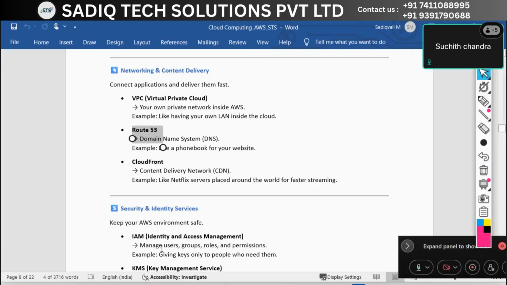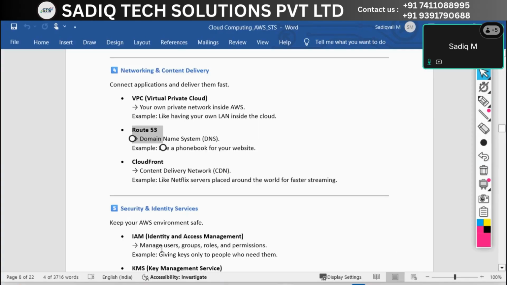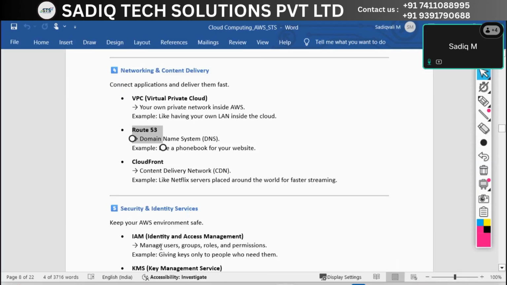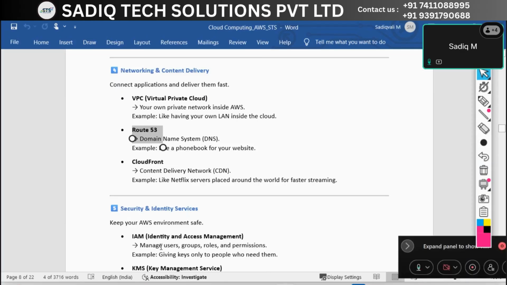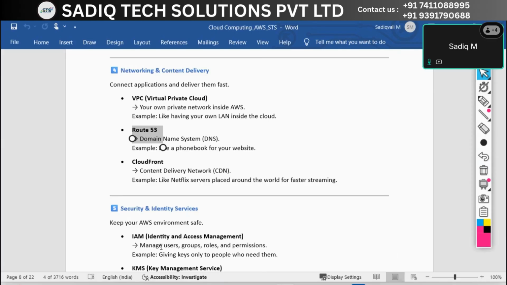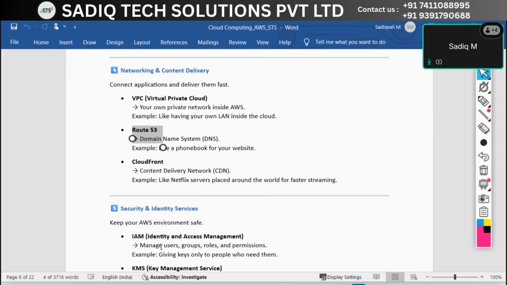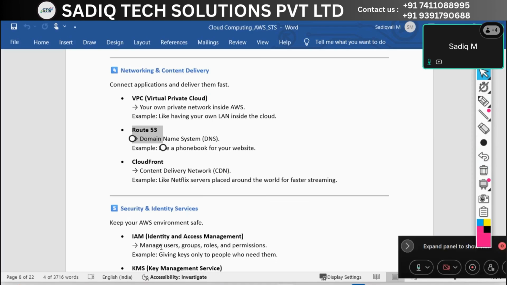Would you prefer to go to a shop where all 10 items are available, rather than going to one shop for each item? Same case in AWS. There are huge services. Tomorrow in the organization, if they need a different service, they are already using AWS, they can adapt that service. Integration would be easy. That is the main reason actually.